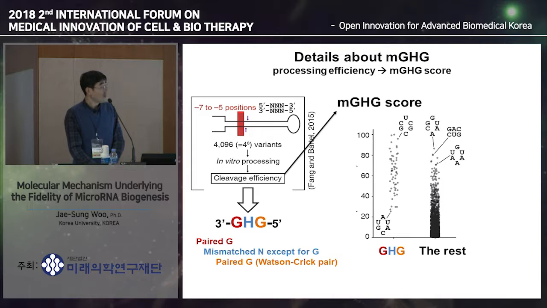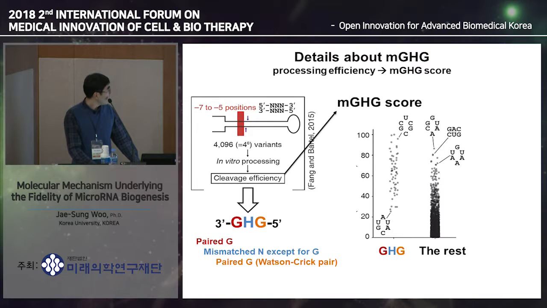The GHG motif was initially found by a high-throughput study, from -7 to -5 from the cleavage site. These 6 nucleotides were randomized, and they made about 4,000 variants, performed in vitro processing, and measured the cleavage efficiency to define the GHG motif.